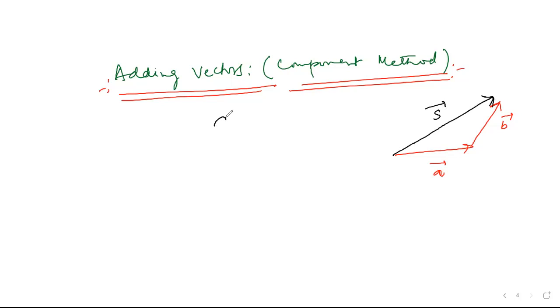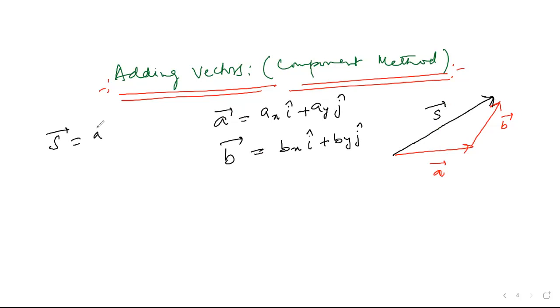Let the unit vector notation of A be Ax i cap plus Ay j cap, and the unit vector notation of B be Bx i cap plus By j cap. Then the resultant or sum vector S, which is A plus B, will have some unit vector notation Sx i cap plus Sy j cap.